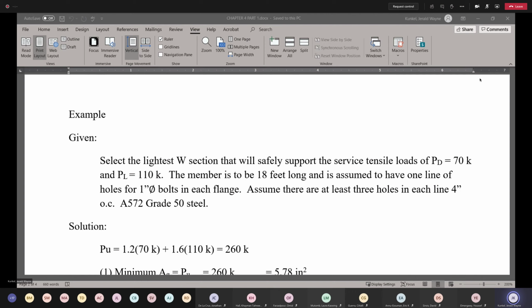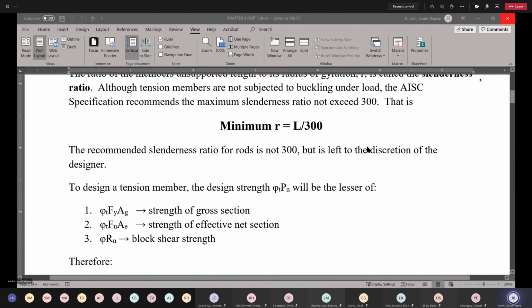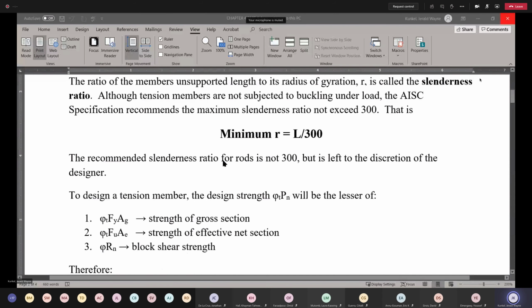Now, included in the problem, the second sentence is the member is to be 18 feet long. Why do I care how long it is? That's what we talked about last time, that these members have to have a maximum slenderness ratio not to exceed 300.